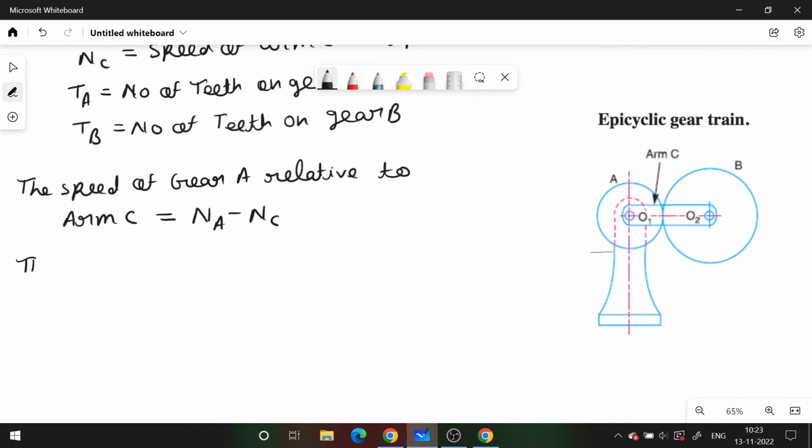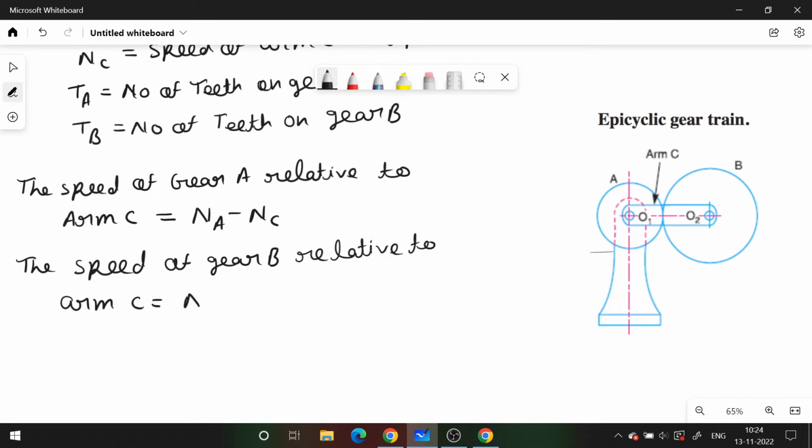And the speed of gear B relative to arm C will be equal to the speed of gear B minus the speed of the arm.